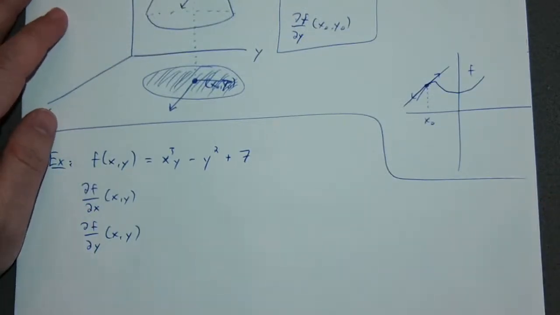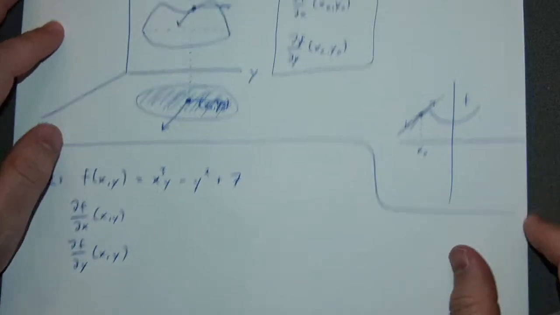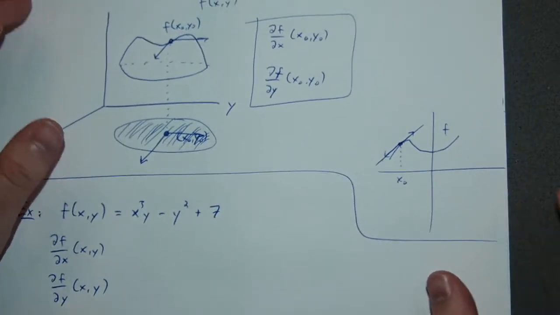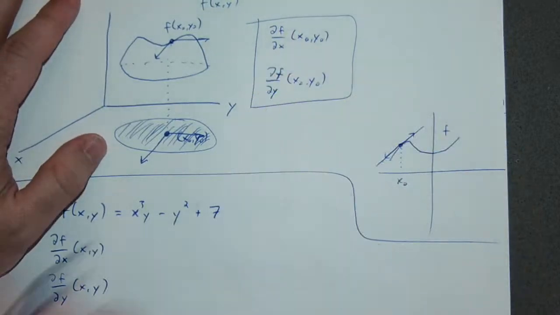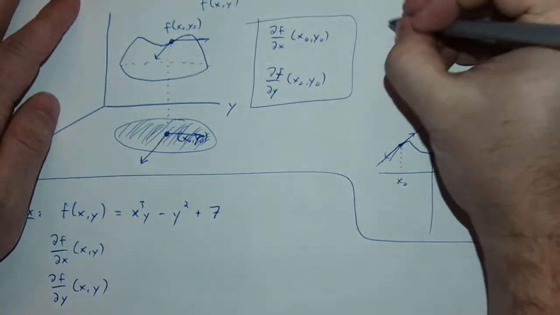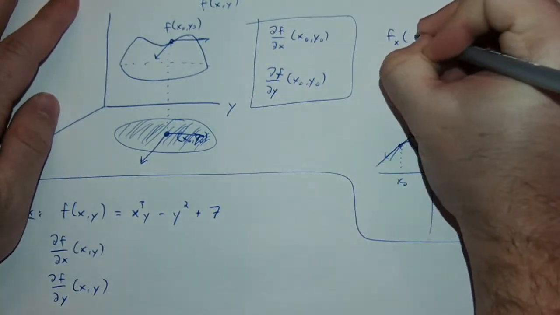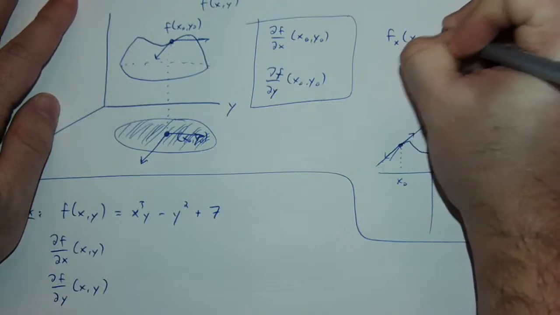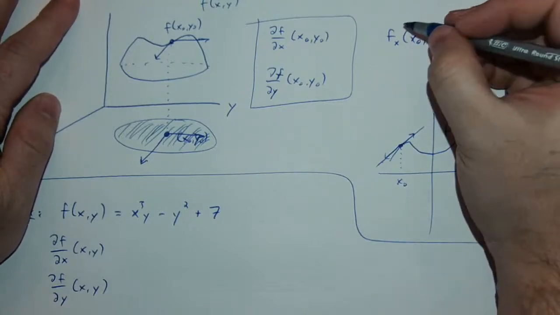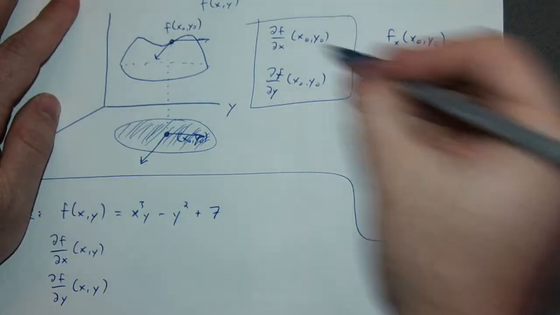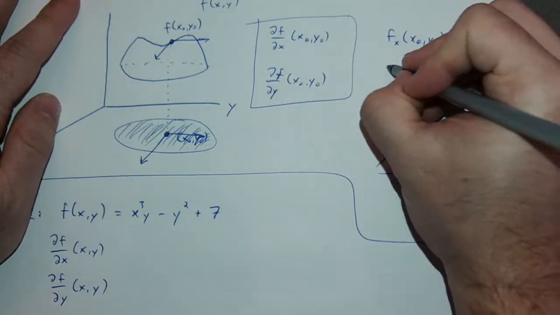So I'm going to quickly introduce some notation here that is going to make our lives easier, and this is something that you'll see in other courses too. Another way of writing this that is a little quicker is with subscripts. This is kind of our analog of the prime symbol. We can't use the prime symbol anymore because the prime symbol doesn't tell you what variable you're taking the derivative with respect to.